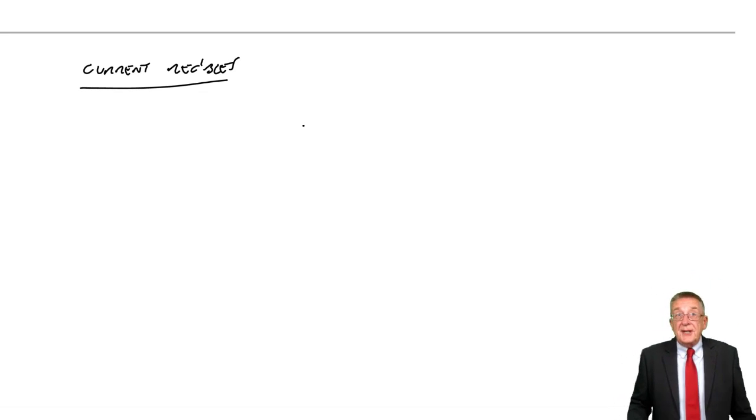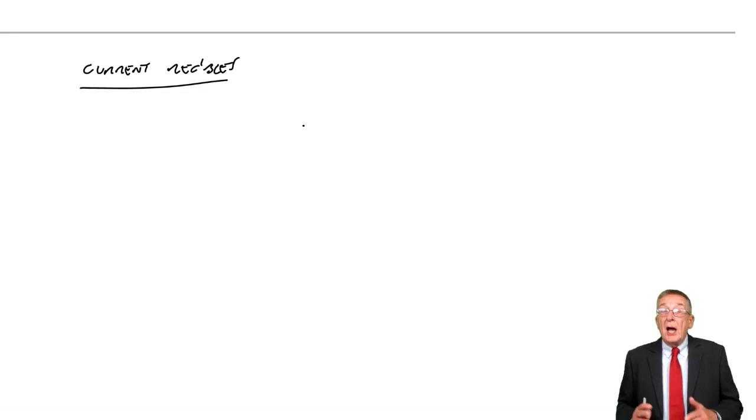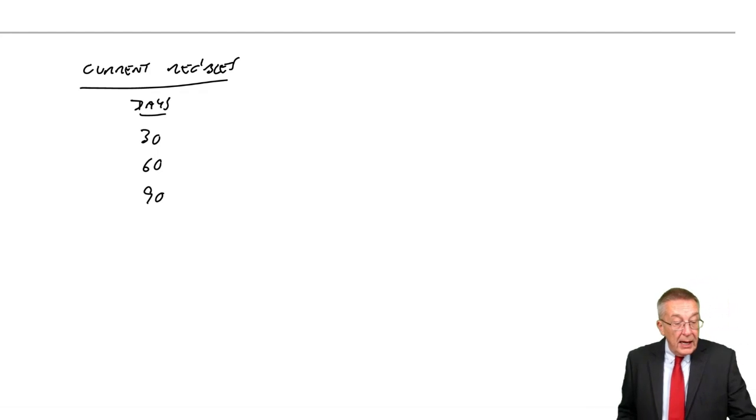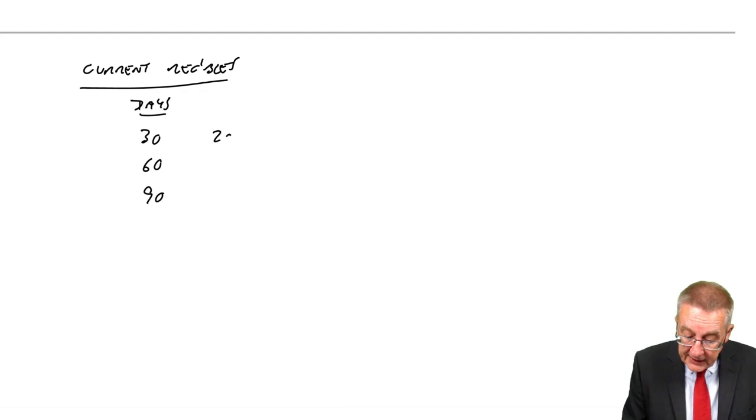I think the easiest, most obvious way of doing it is to calculate, first of all, on average, how long they are taking to pay. Well, it's either 30, 60 or 90 days. The percentages are 20%, 50%, 30%.